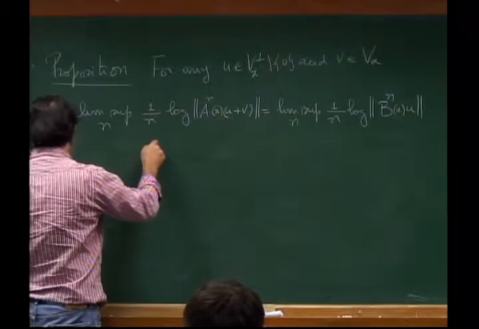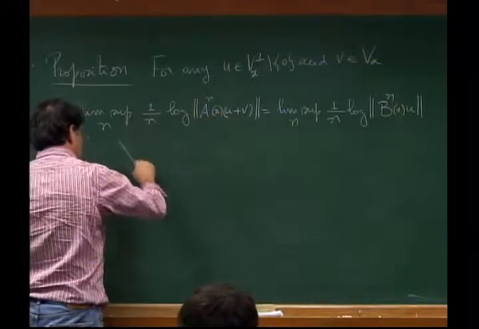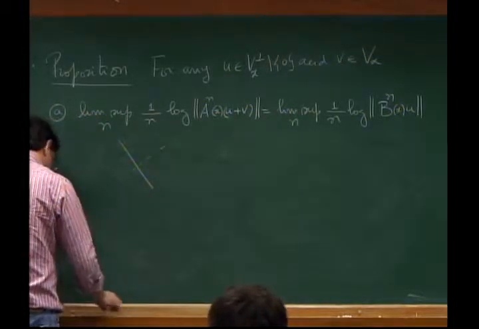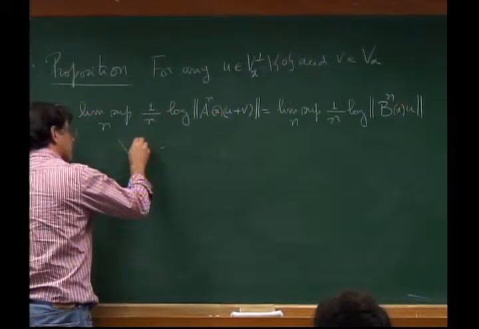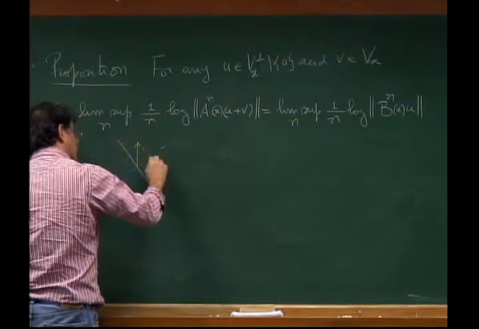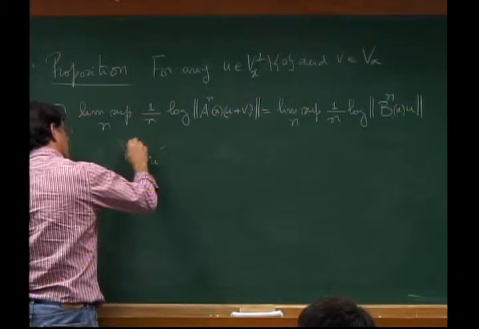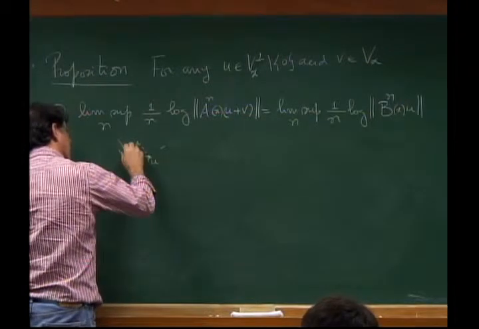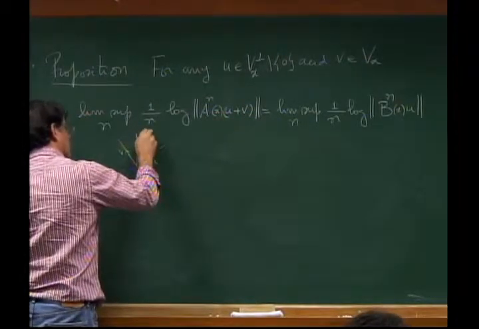So in other words, if you take any vector like this, here is u and this is v, this is u plus v.